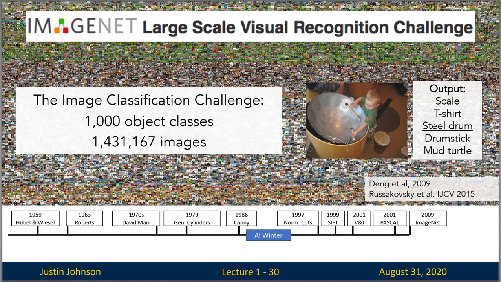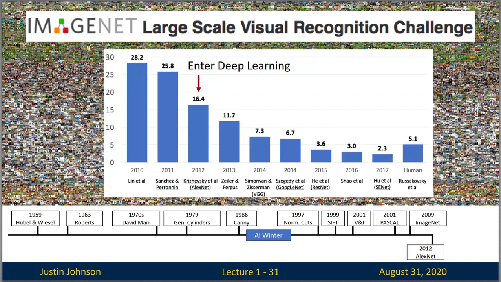This challenge consisted of more than 1 million images, which were labeled into 1,000 different object classes, and then the challenge was to recognize as successfully as possible the different object classes in these images. And this ImageNet challenge was also one of the major drivers of the breakthrough in deep learning.